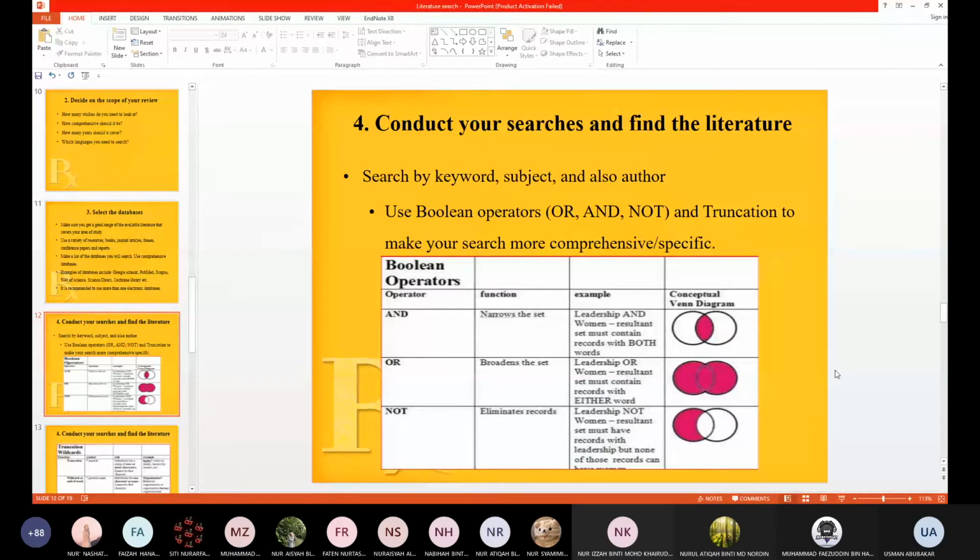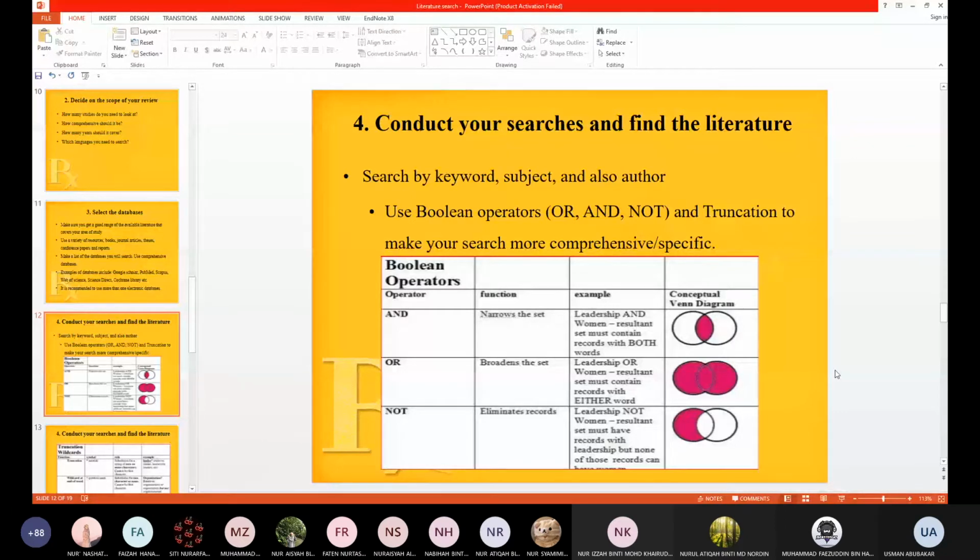So this is why, for the synonymous words, you combine them using what? OR. For the other words that are part of the search, that are part of the keywords that you want to use, you can combine them using AND. For example, now we said aspirin and then want to talk about bleeding. So you can use aspirin OR acetyl salicylic acid AND bleeding OR hemorrhage. So this is how you build your own search term that will encapsulate all of the keywords that you want to use to search on the database.